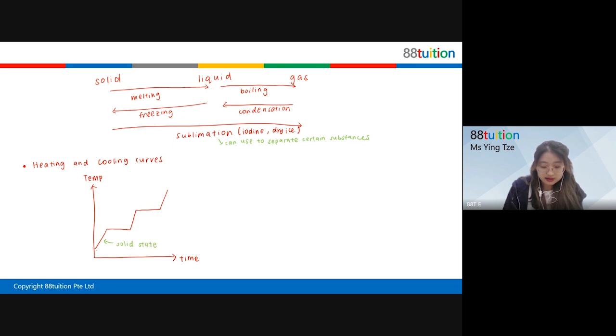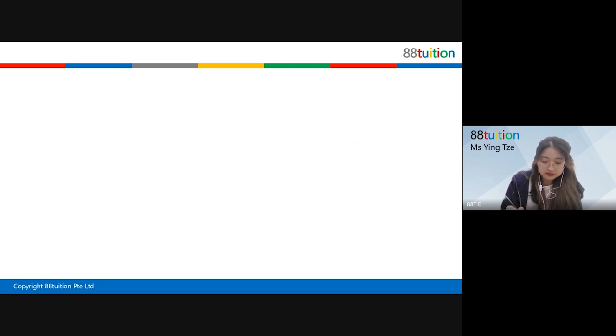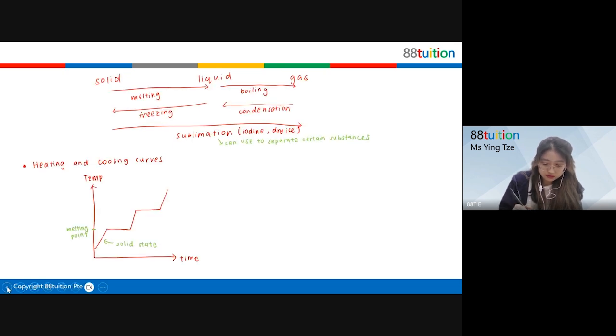And then as it gets heated up, over here, it reaches its melting point. And then after that, it will melt and become a liquid. So here we can say that the substance is in liquid state.